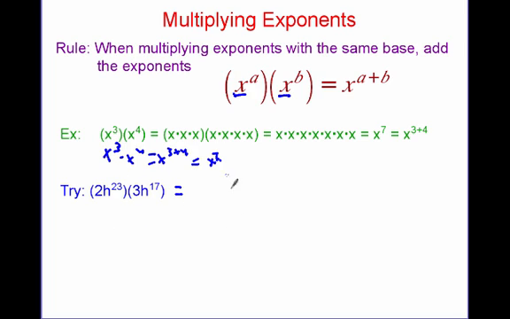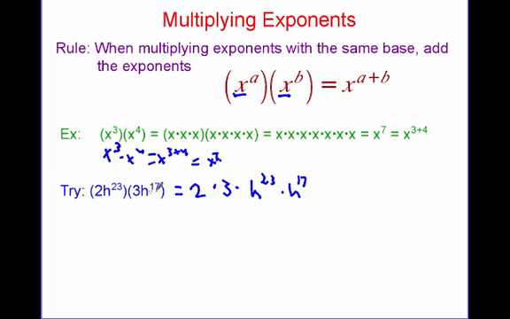Maybe I should have mentioned this before, but if I'm doing this multiplying here, I'm actually going to rewrite this using the commutative property so that it looks like this: 2 times 3 times h to the 23rd times h to the 17th.